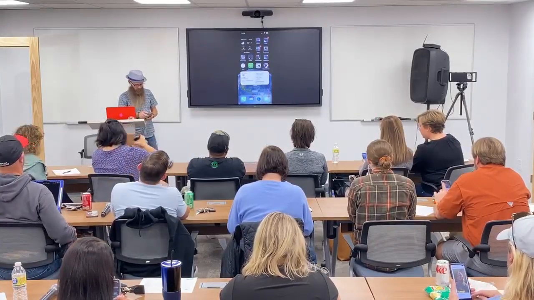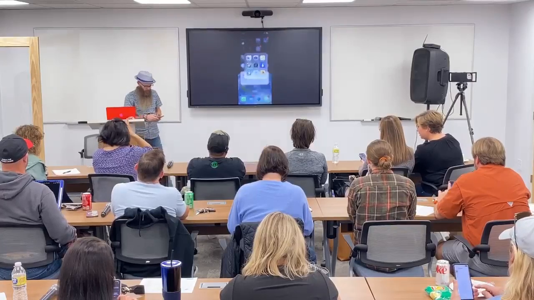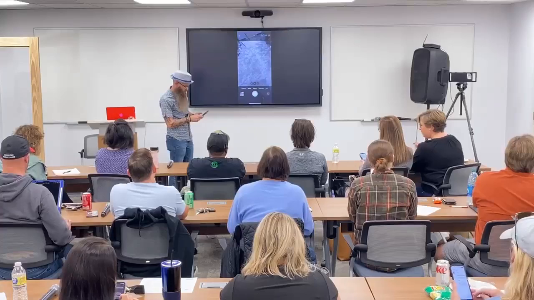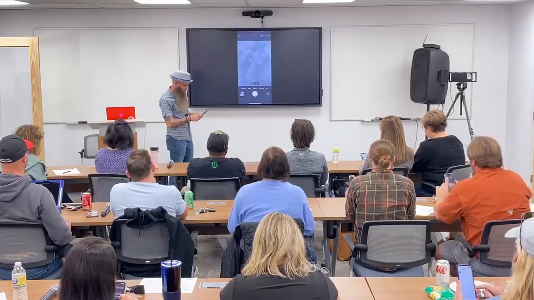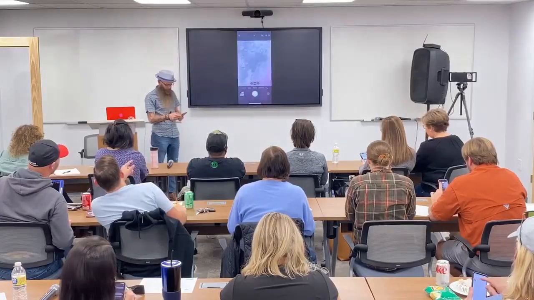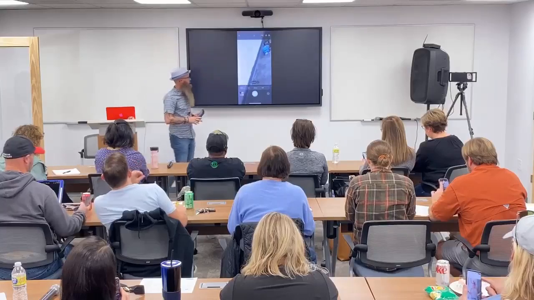So let's go back. Let me look at this real quick. So obviously 3 times zoom, and then you can do further if you want to. Here's a big one.